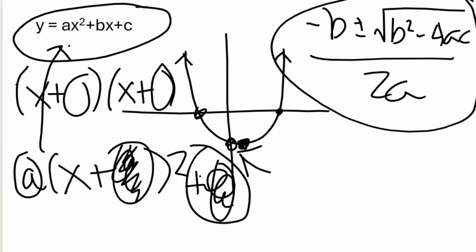Oftentimes, honestly, I'd say about half of all SAT problems involving parabolas, you can simply plug the equation right into Desmos. However, you can't always do that. So I'm going to cover 3 problems that you can't do that with, and therefore are probably some of the hardest problems you'll see on the SAT involving parabolas.